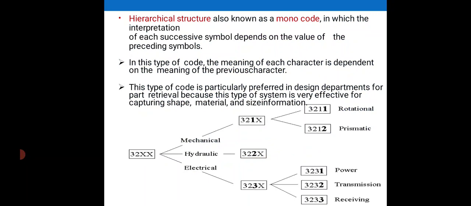Rotational means mechanical-based rotation. Then 3212 means prismatic in mechanical coding. Then hydraulics means 322, electrical means 323, then 3231 means power, 3232 transmission, 3233 receiving. So based on the product we can make the coding.